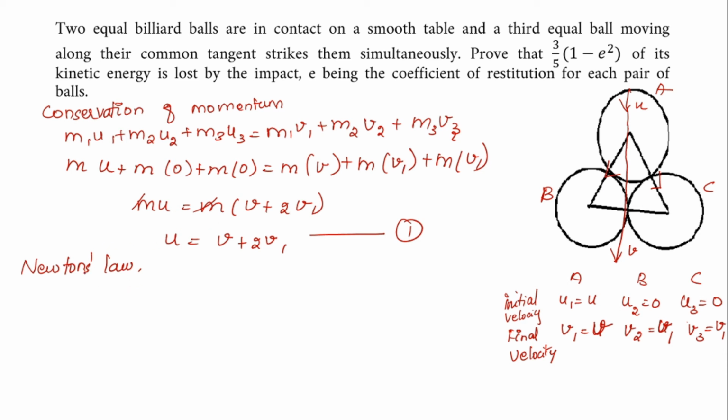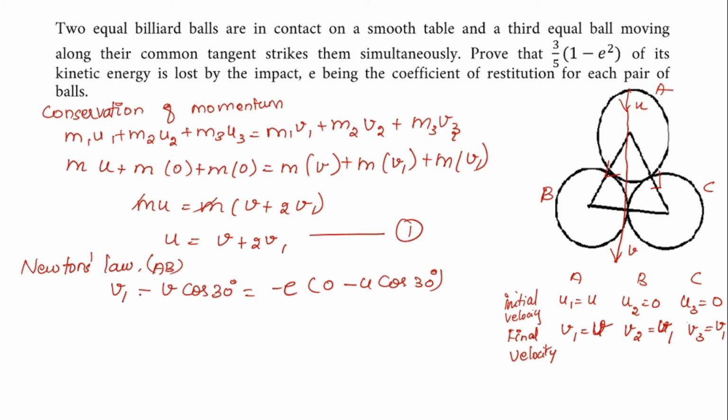By substituting in that formula, you'll have v1 minus v cos 30 degree, which is equal to minus e into (0 minus u cos 30 degree). Because the final velocity of B is 0, we are considering this only for the balls A and B.